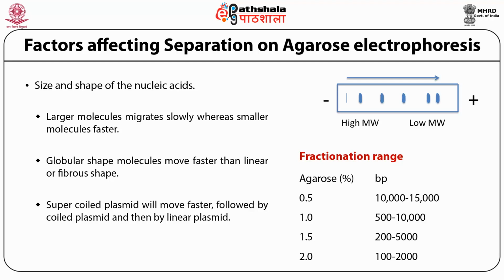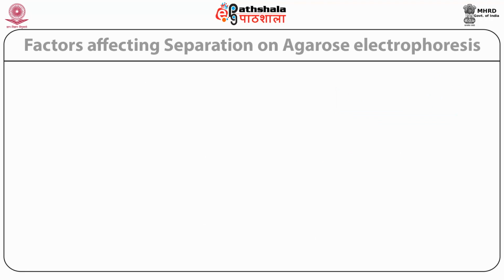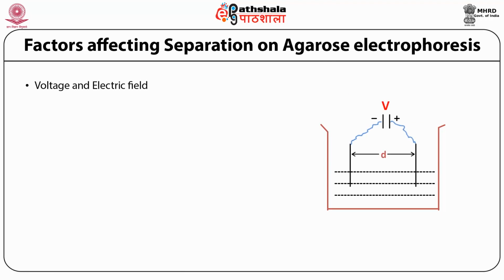Generally, molecular size of above 50 base pair can be separated easily. Mobility of nucleic acid slows down in gels prepared with higher concentration of agarose. Sample resolution time is inversely proportional to concentration of agarose. Voltage or potential gradient also affects the migration rate.